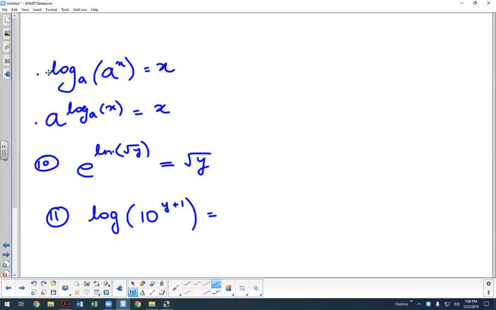Y plus 1. Yeah, because again, my logarithm is a common log. That's base 10. This exponential also has a base 10. So the log and the base 10 are basically, again, canceling each other out, leaving us behind with just the exponent, which is y plus 1.